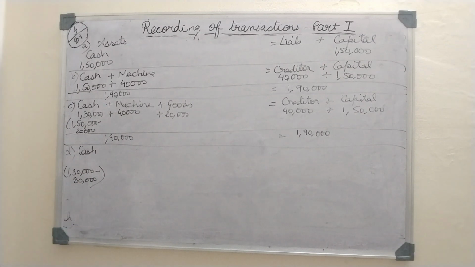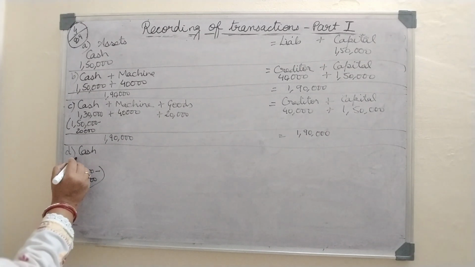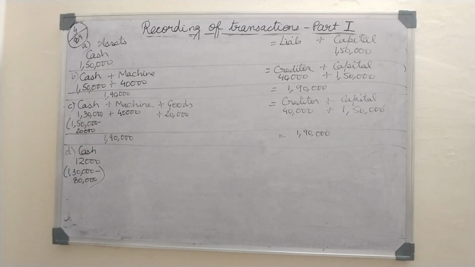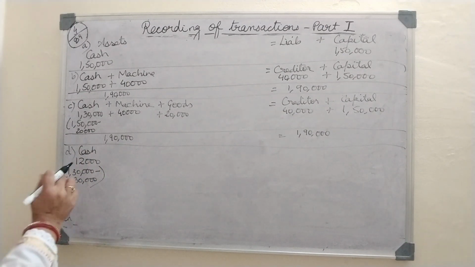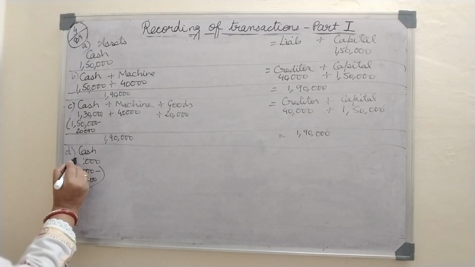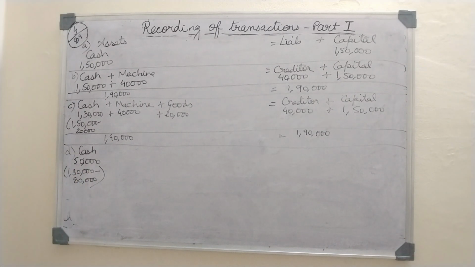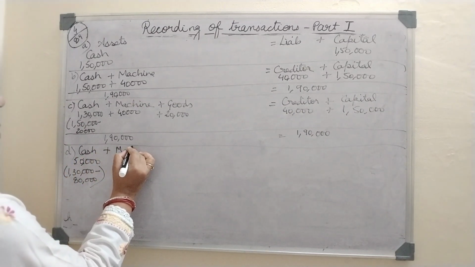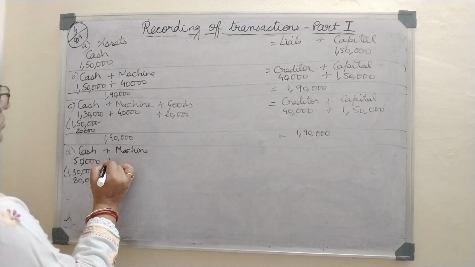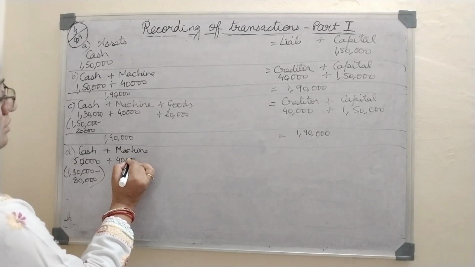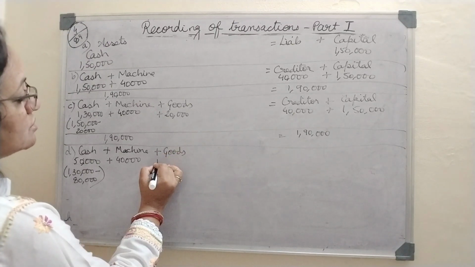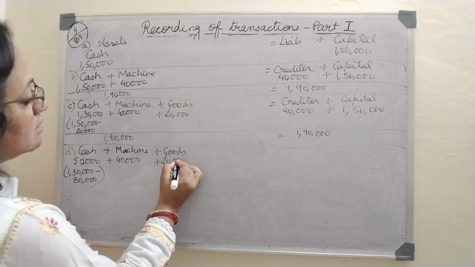So 1,30,000 minus 80,000 gives us 50,000, when we subtract 13 minus 8. Then machine, don't open another head of car. Okay, this is drawings actually. Personal use or office use, that we have to see very carefully in the question, because students make that mistake.